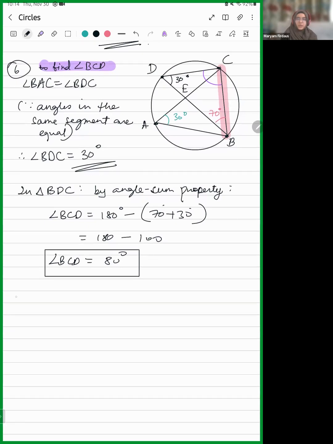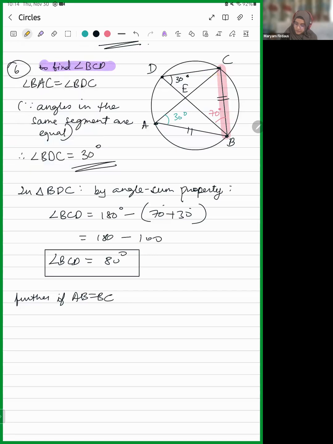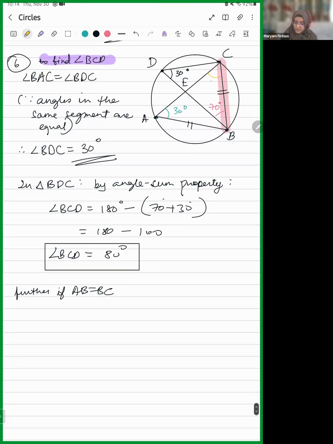The next part of the question isn't over yet. It says further, if AB equals BC. So now they have given us one more condition, that AB equals BC. So AB is this, BC is this. Find angle ECD. What is ECD now? ECD is basically the same thing as ACD.